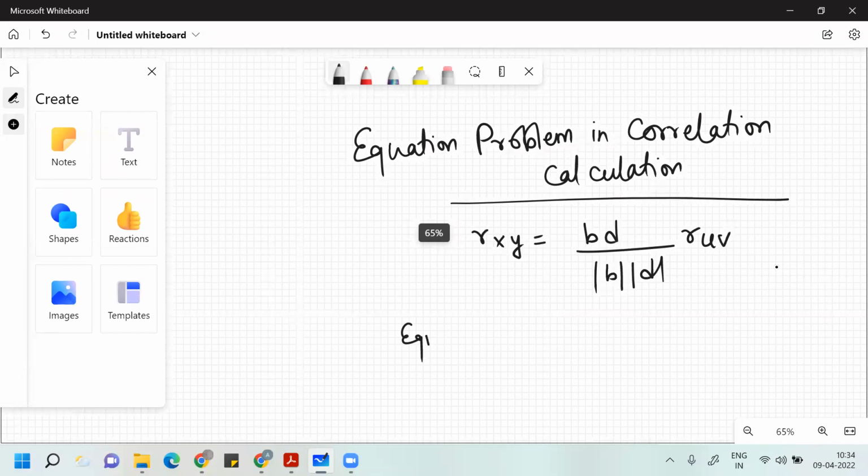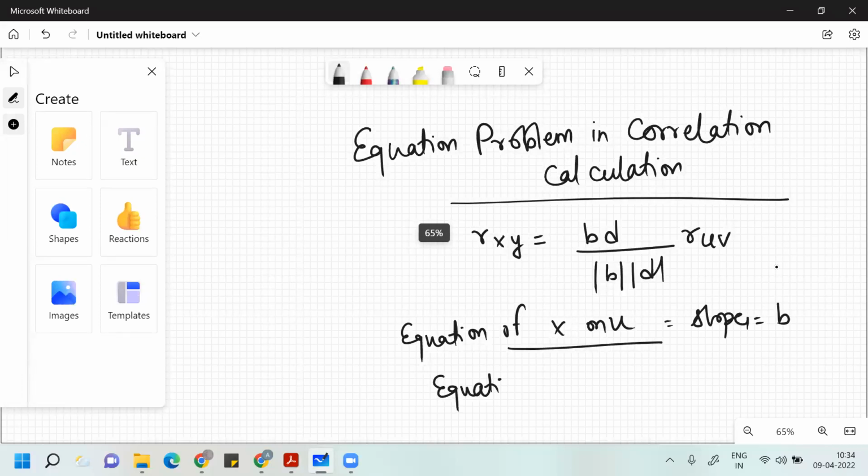You may get the equation of x on u, and the slope of that equation let that be b. Similarly, you might get the equation of y on v, and let the slope of that equation be d.